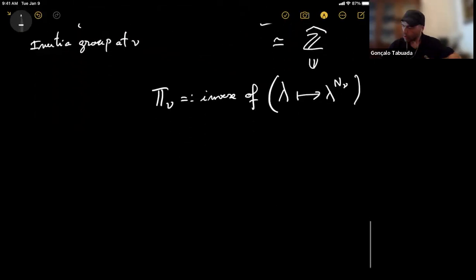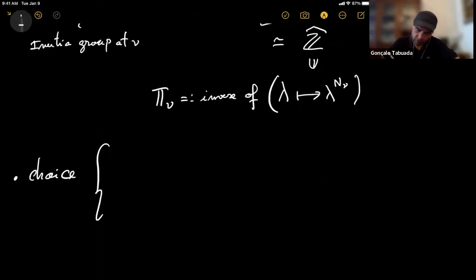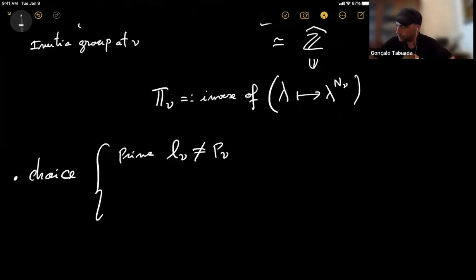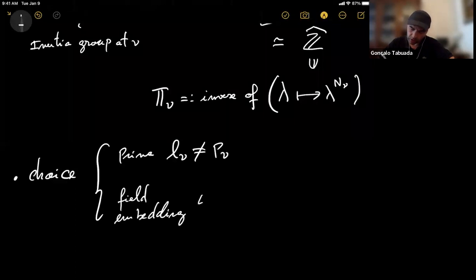And now, from now on, we make a choice. We need to choose a prime number l mu different from the characteristic p mu, and also we need to choose a field embedding, called iota mu, going from Q l mu inside of C, and we need to do this for every non-Archimedean place.